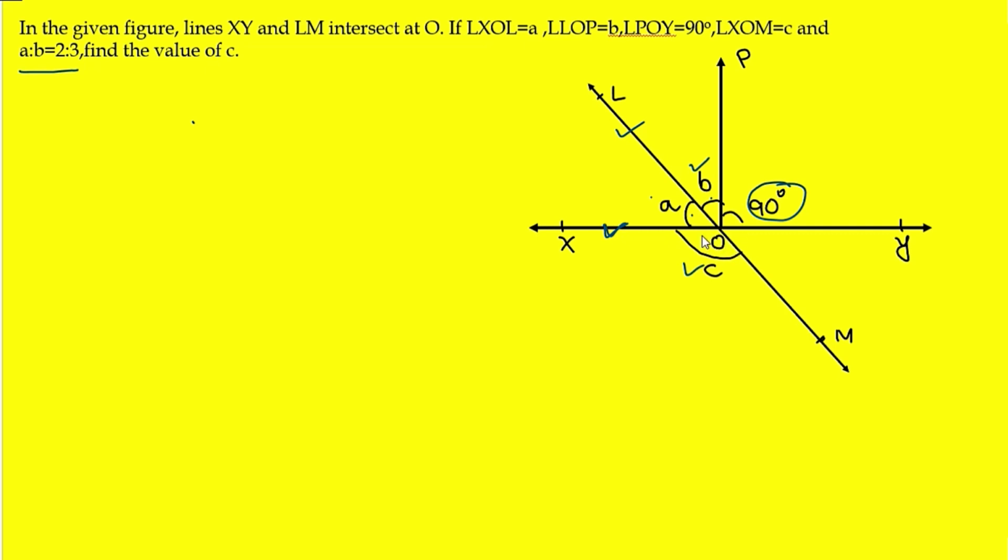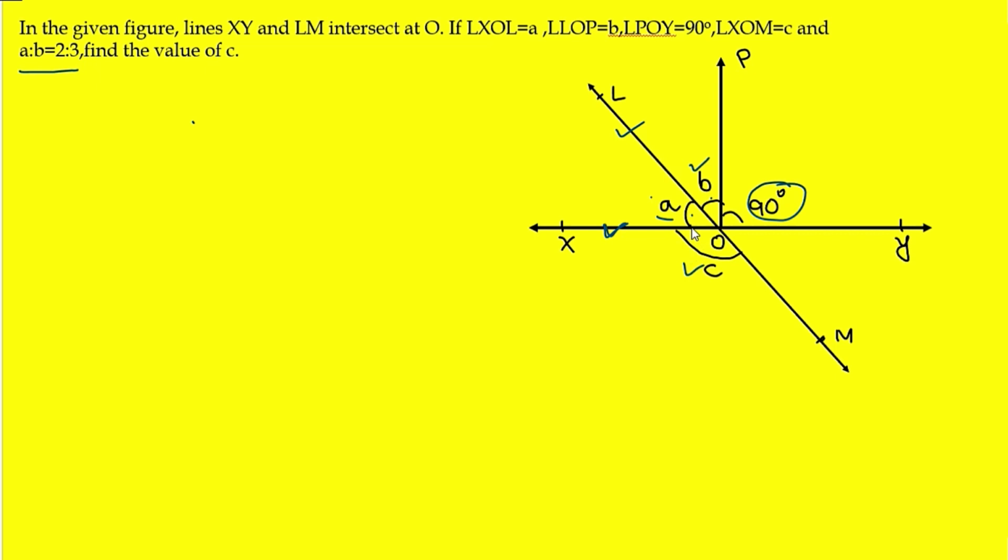Okay, so as a result, the angles that are formed are angle XOL, that is given as A, angle LOP, that is not formed by XL and LM, but it's given that it's B, angle POY is 90 degree and angle XOM is C, and A is to B is 2:3.